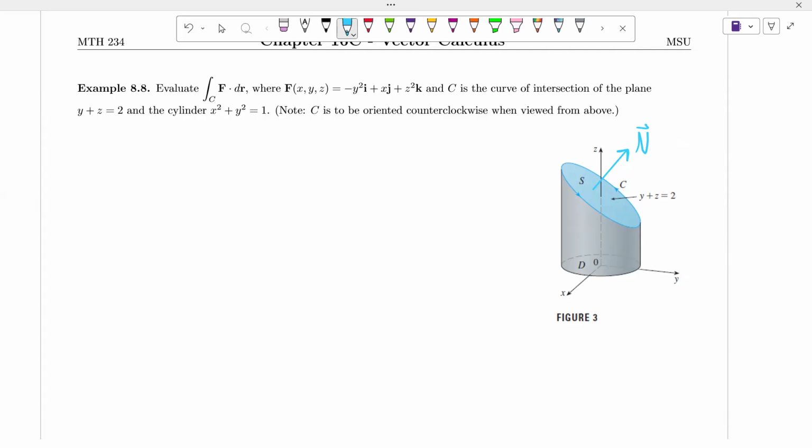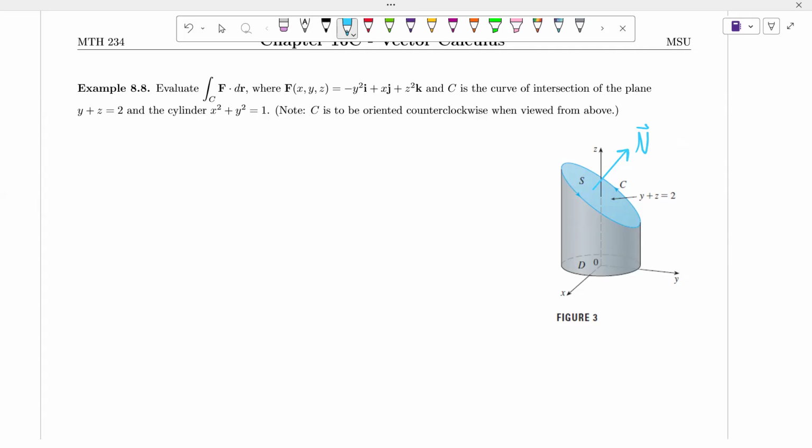If I've got some vector in 3 space and I want to figure out if it has an upward direction, I need to only look at its z component. Because z is the up and down direction. So if I want something to be pointing upward, I just need to check its z component and make sure that that's positive.